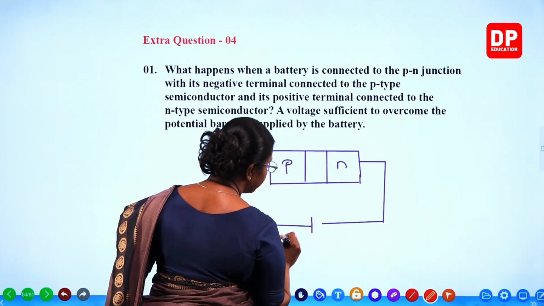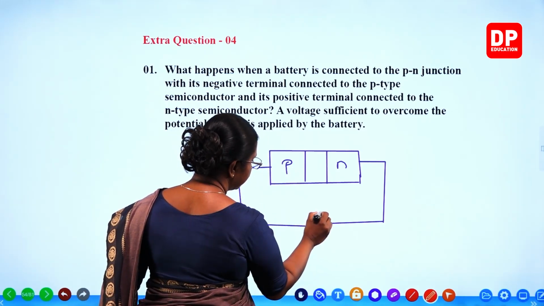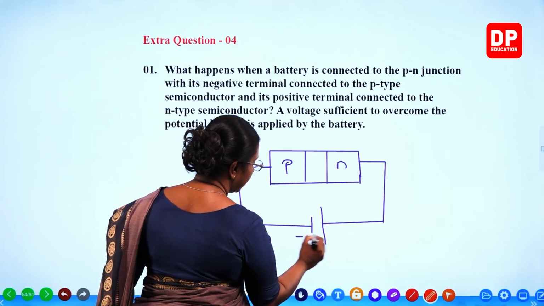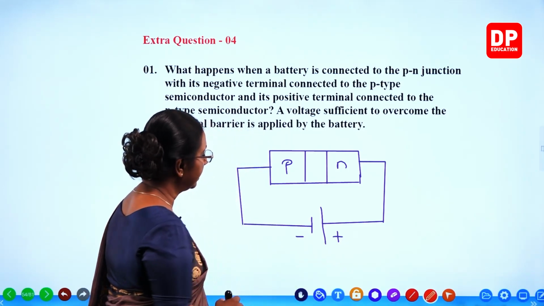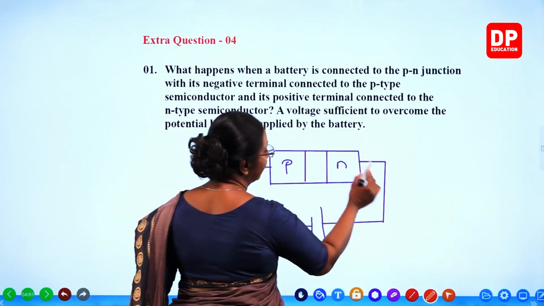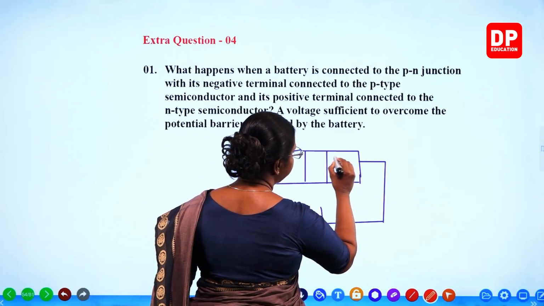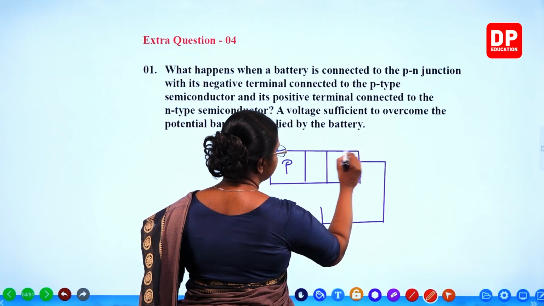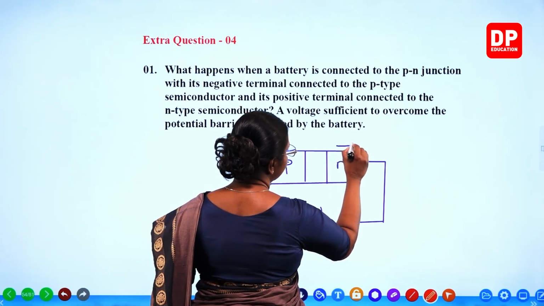So, here the negative terminal is connected to the P region and the positive terminal is connected to the N region. What will happen there? The electrons will get attracted this way. The electrons will start flowing this way.